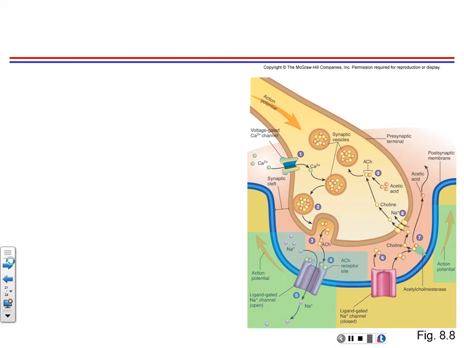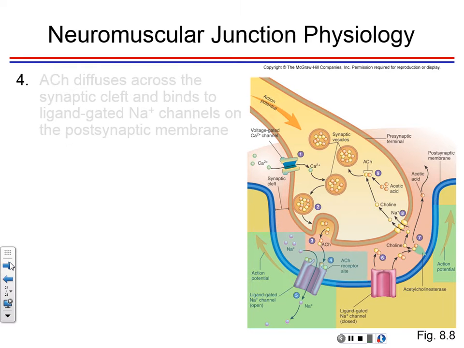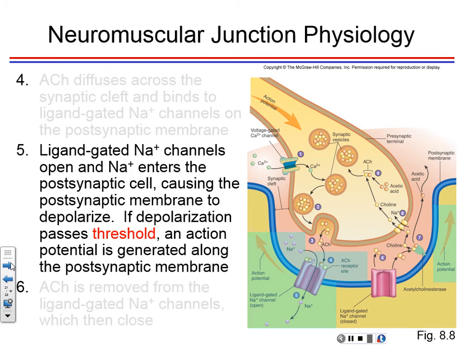So acetylcholine diffuses in. Okay, so number 5, what's happening at number 5? We're getting sodium coming in, and then we're reaching threshold. Remember, we have to reach minus 55 before those voltage-gated channels open.